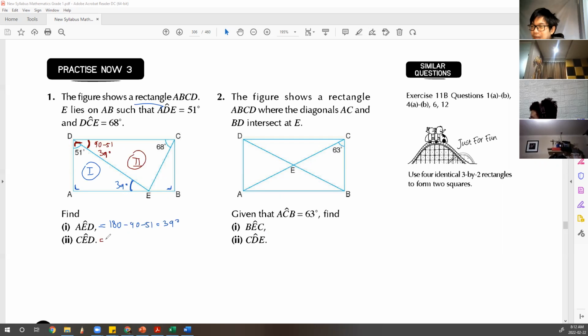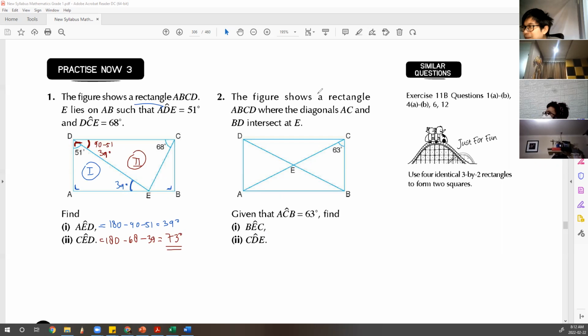Gitu. So 180 for the total angle on triangle, subtract 68, subtract 39. Okay, that's the way you do. You need to watch the recording later on, because I just go forward and you might miss this explanation. So you can watch the video later on.